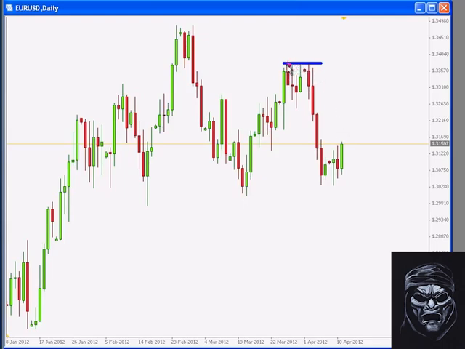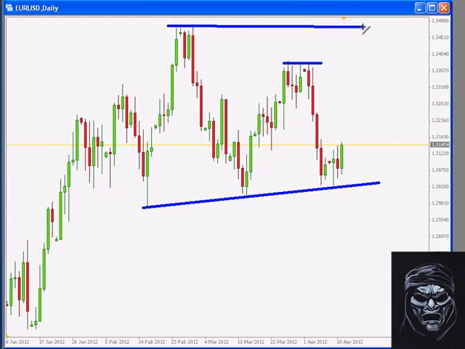So we would take a mental note that these two resistance points and these support levels, or in fact this trend line in there, linking, just 1 second guys, let me actually draw a trend line. There we are, that trend line there, and those two levels of resistance. All those levels of resistance are better visualized on the daily than on the 4 hours time frame. So my job as a trader is to make a mental note that all these levels belong to the daily.